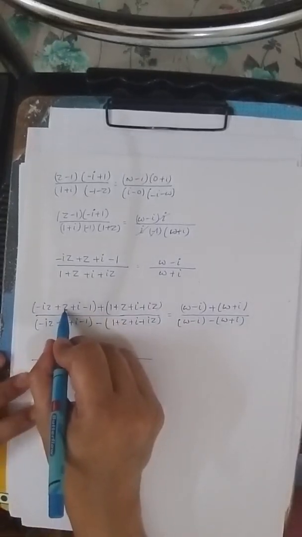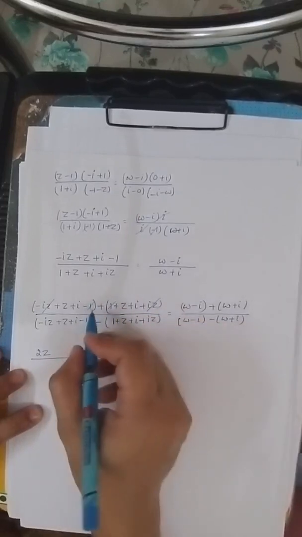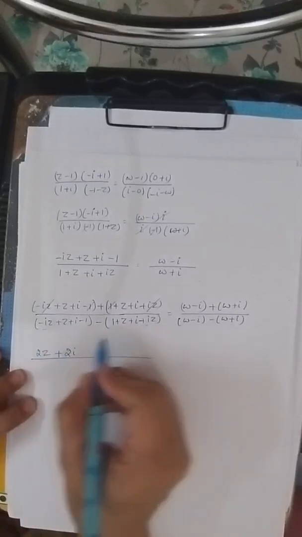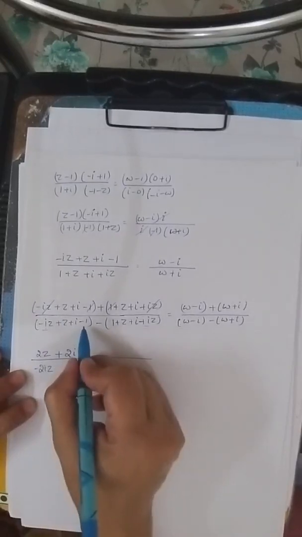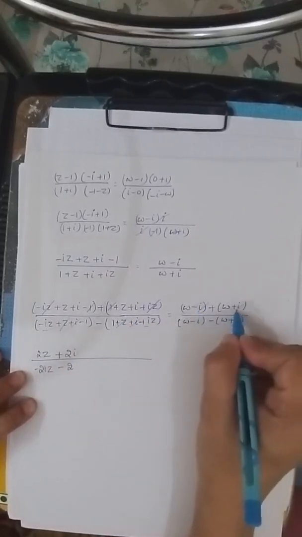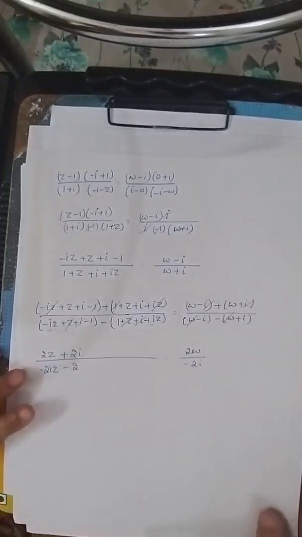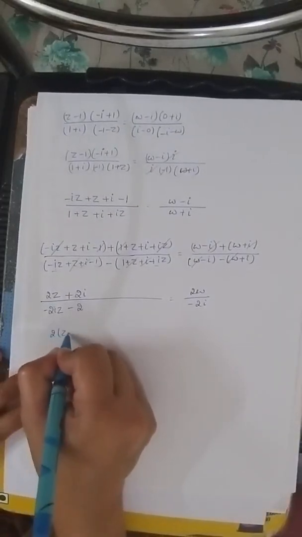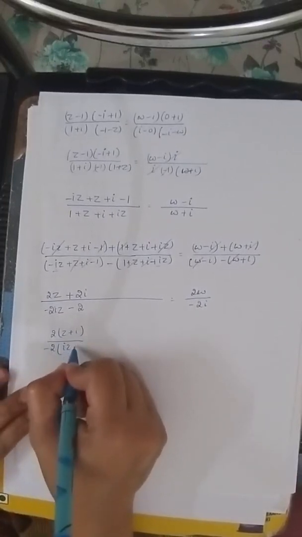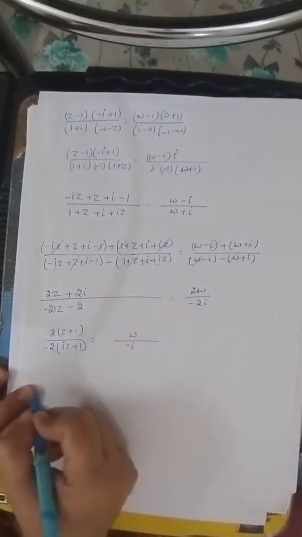Now here z plus z will give you 2z, iota z is cancelled out, 1 is cancelled out, iota plus iota is 2 iota, divided by minus 2 iota z minus 1 minus 2, z is cancelled, iota and iota cancel, and in the denominator w is cancelled, equal to 2w over minus 2 iota, that is 2 common z plus iota, divided by minus 2 common iota z plus 1 equal to w over minus iota.